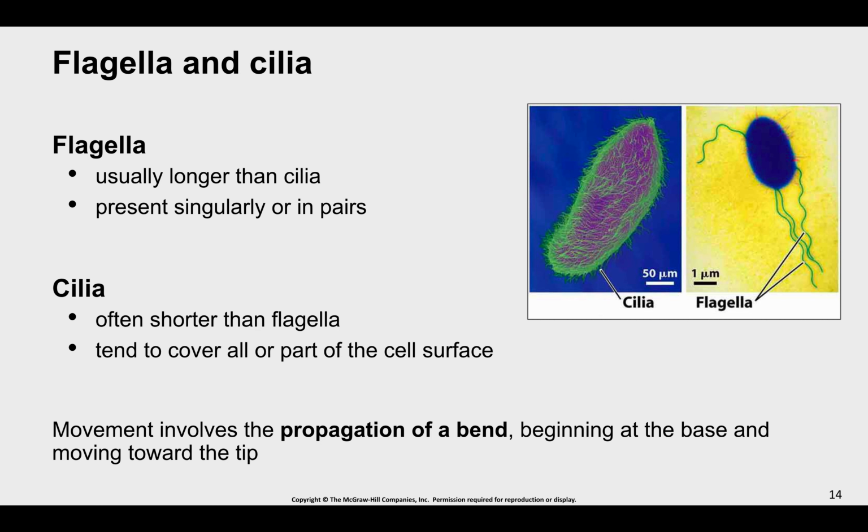Flagella normally could be long. They aid in a lot of movement of different types of cells through a fluid. Cilia are often really short and cover the entire surface of a cell, but they all involve that propagation of a bend, similar to the motor proteins and the filaments both staying in place and initiating a bend instead.